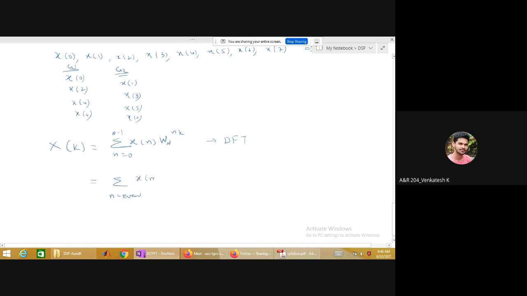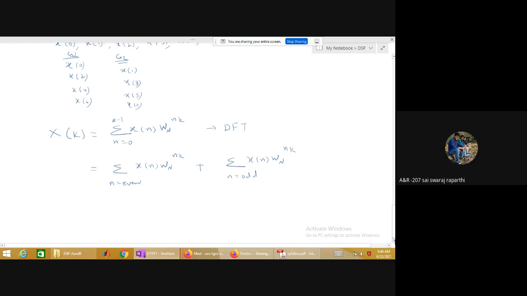Now I'm trying to split my 8 terms of summation into 2 summations. Each summation will contain 4 terms. Can I write this way? Yes, we can write.